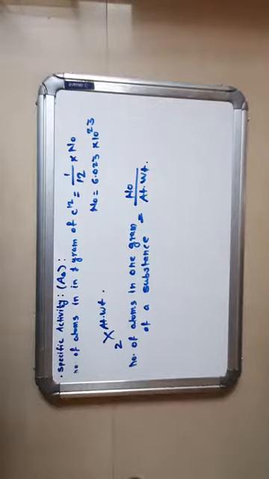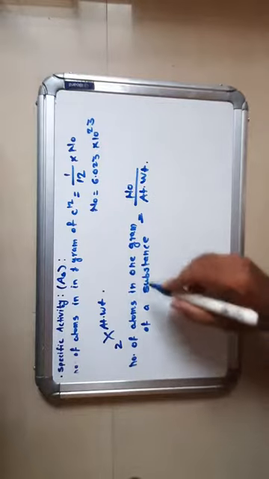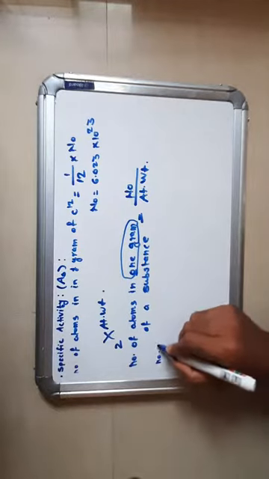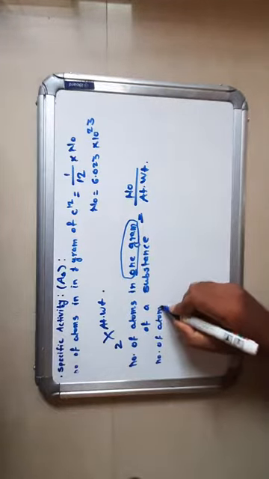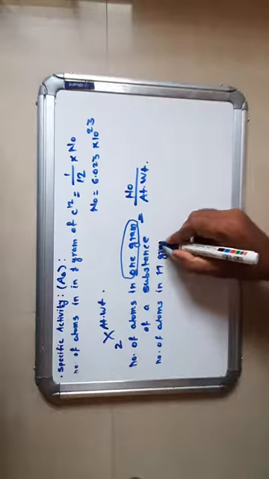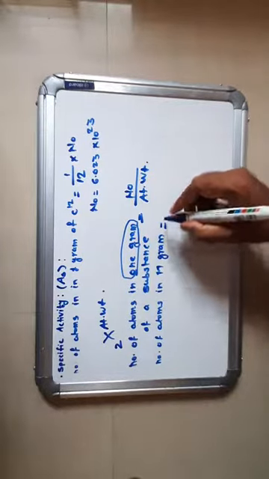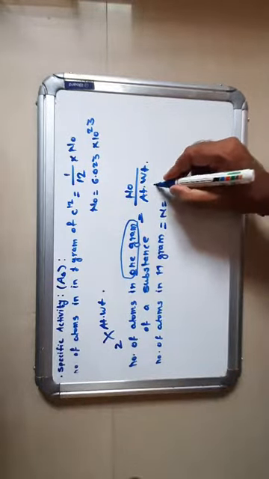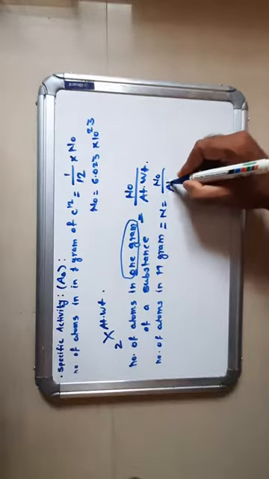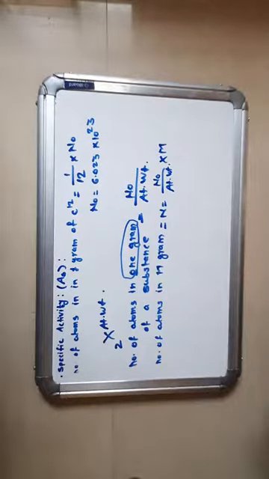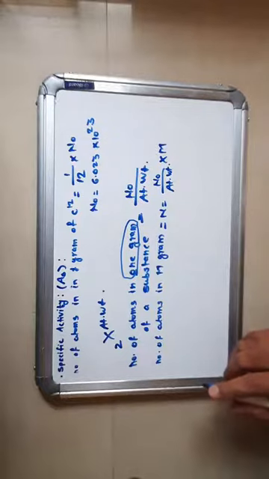Then the number of atoms in m gram of substance: we calculated this for 1 gram of substance, and if we want to calculate the number of atoms in m gram of substance, then n is equal to N naught divided by atomic weight into this m gram of substance, where atomic weight is the atomic weight of the substance.